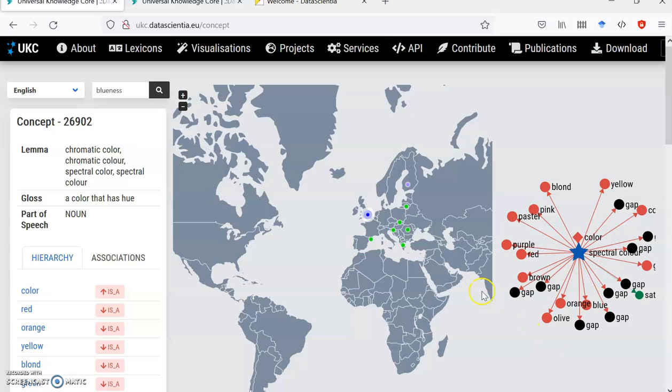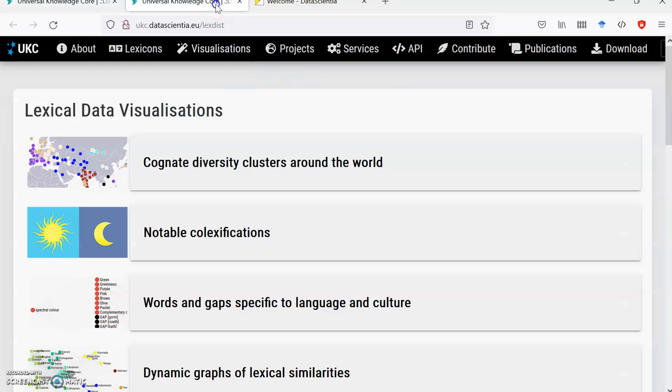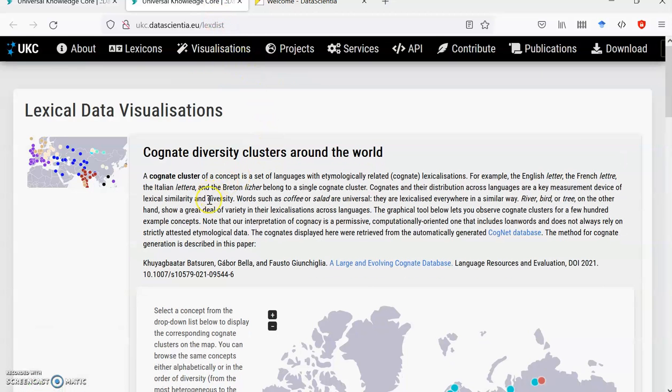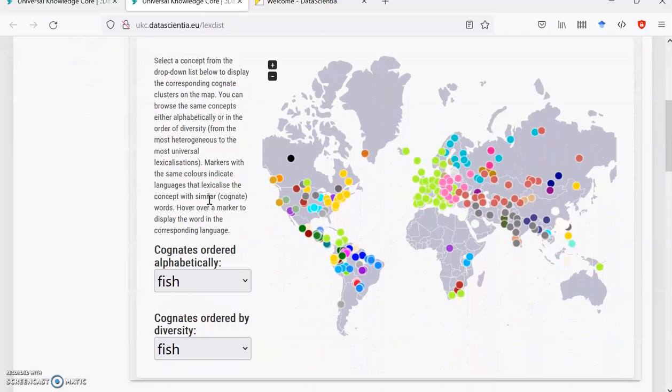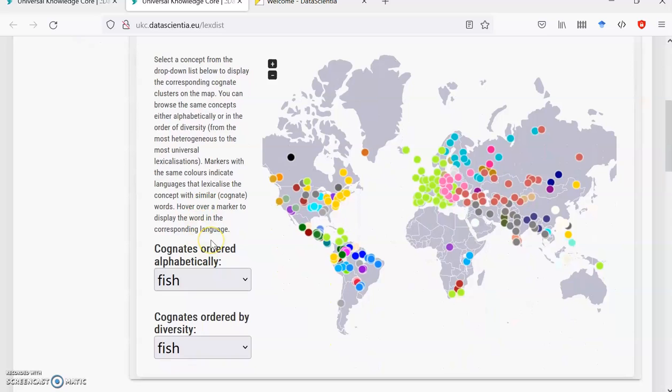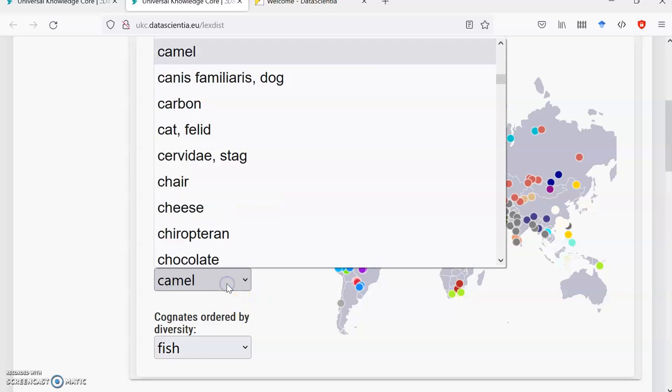The site also offers several visualization tools, all computed from Universal Knowledge Core data. This one is showing cognate clusters that demonstrate how universal a word is among the languages of the world. You can see that fish is lexicalized in diverse ways, while more recently acquired words, such as coffee, tend to be universal.